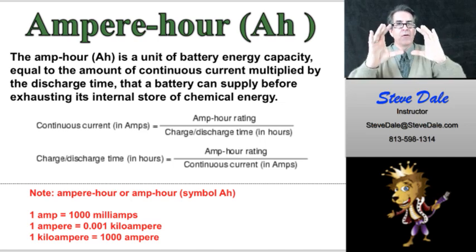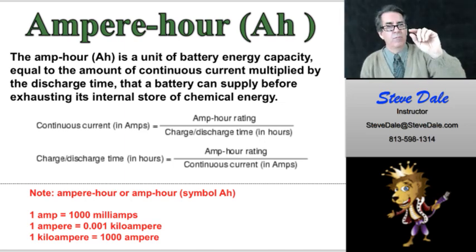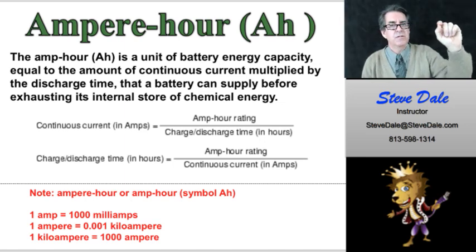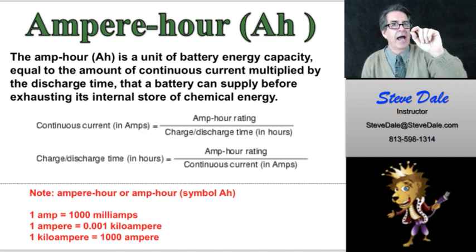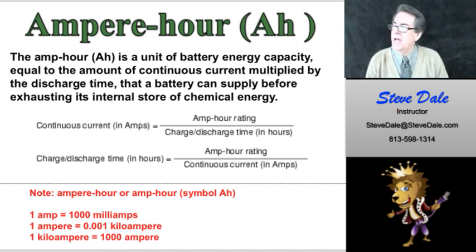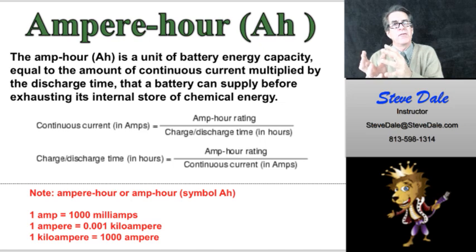So when you look at a battery, you see a rating of 12 volts, or whatever the voltage rating is, and you'll see a large A and a small h. That's amps per hour. That's not current. It's current available per hour. And why do they do it that way? Because they don't know what the draw is on the circuit.